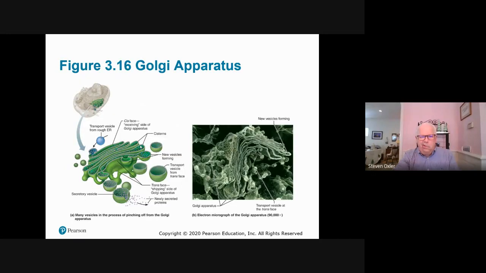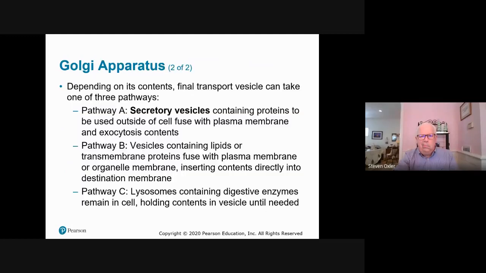And there it is. It's just a bag of bags, basically, to transport and package all the proteins made in the rough endoplasmic reticulum.